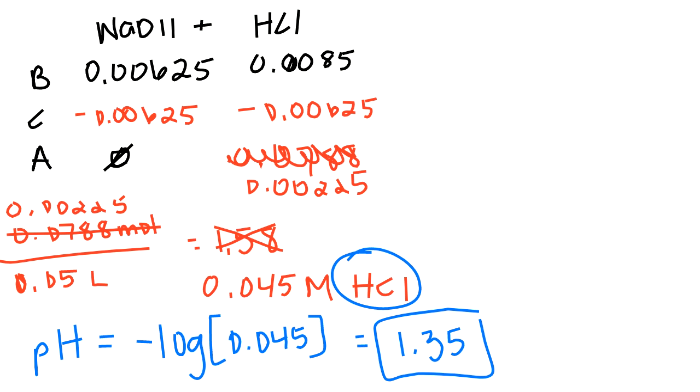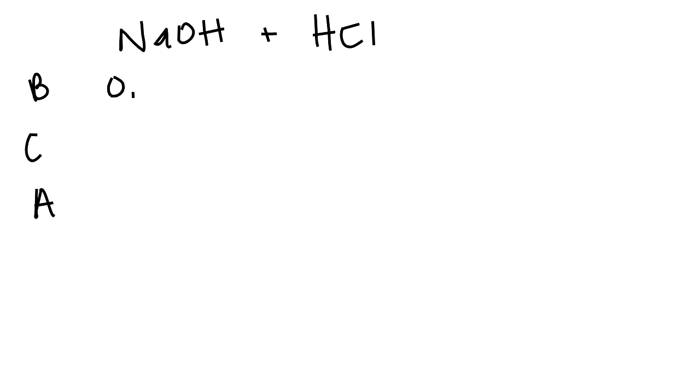And then part C, we still have the same amount of sodium hydroxide. For the hydrochloric acid, it's still a 0.34 solution, but this time we're adding 18.38 milliliters.